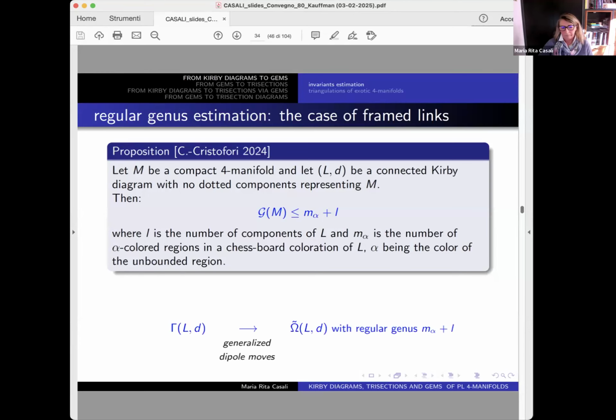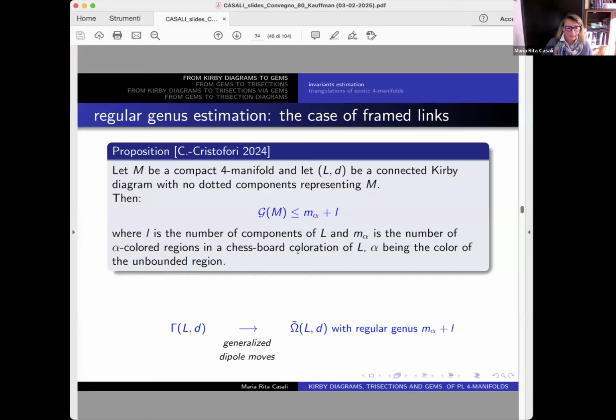In fact, in this case, the 5-color graph obtained by the described algorithm may be transformed via the so-called generalized dipole moves, which are graph moves not affecting the represented manifold, into another 5-color graph with regular genus M alpha plus L, where L is the number of components of the diagram, while M alpha is the number of alpha color regions in a chessboard coloration of the diagram, alpha being the color of the unbounded region.